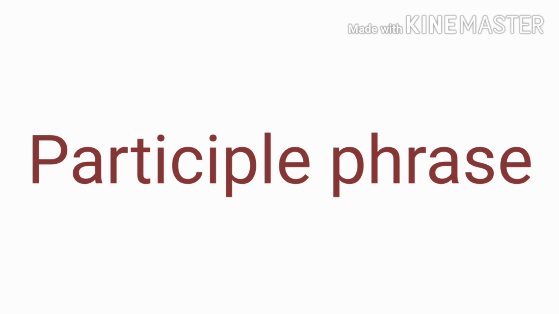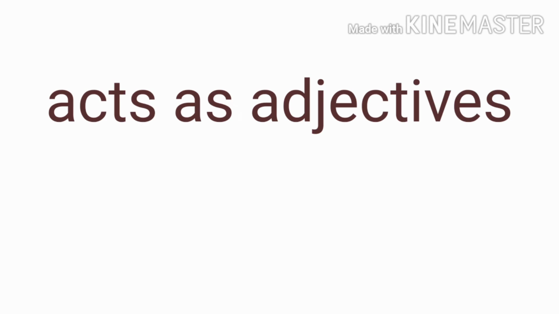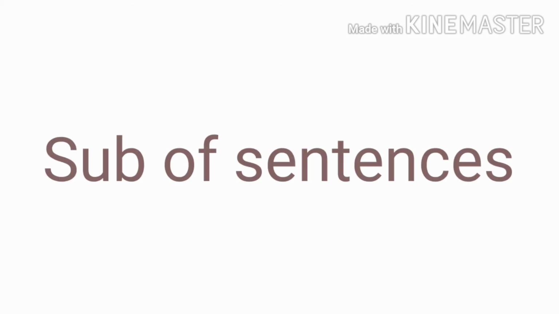Okay, then now the participle phrase is combined with other words and acts as an adjective within the sentence. Usually participle phrases modify the subject of the sentence. What is the subject of the sentence? The subject of the sentence, but sometimes they modify other nouns.